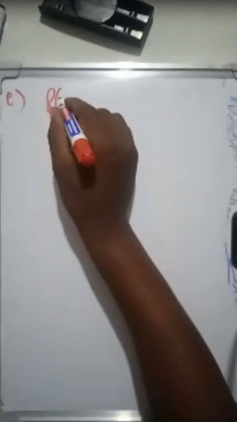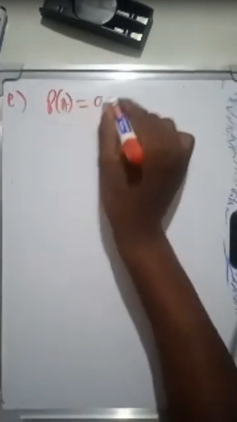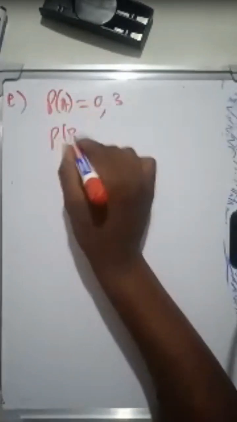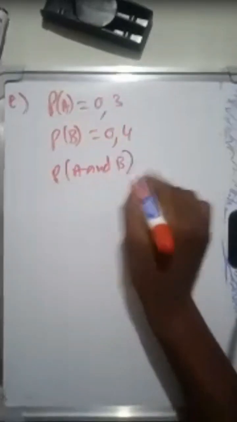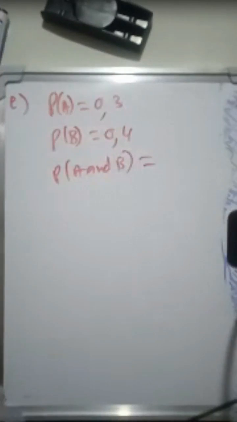Are such that probability of A is equal to 0.3 and probability of B is 0.4. So what is probability of A and B in this case? They say that these are mutually exclusive events. So what is the probability of A and B? I'm asking you guys, what is probability of A and B?